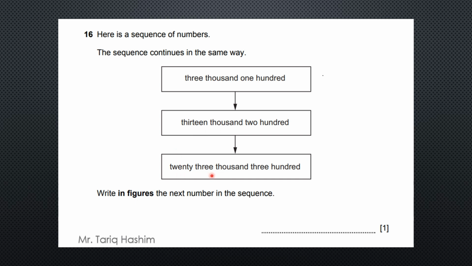So the next thousands should be 33,000 because we have to add another 10,000. Here in the hundreds, we have 100, then 200, 300, and obviously this should be 400. So the number will be 33,400.